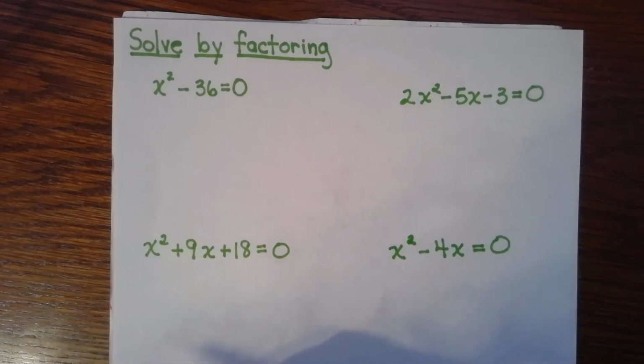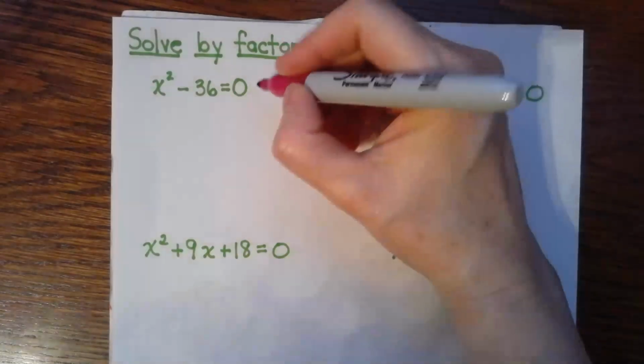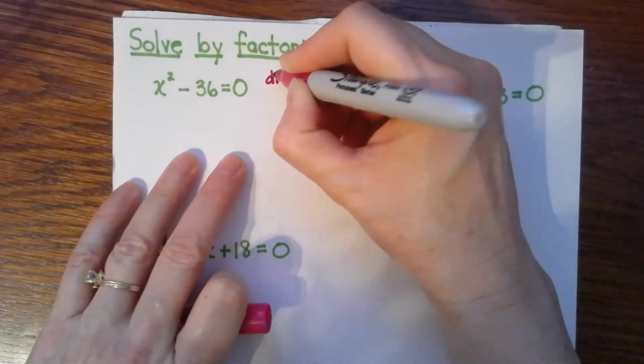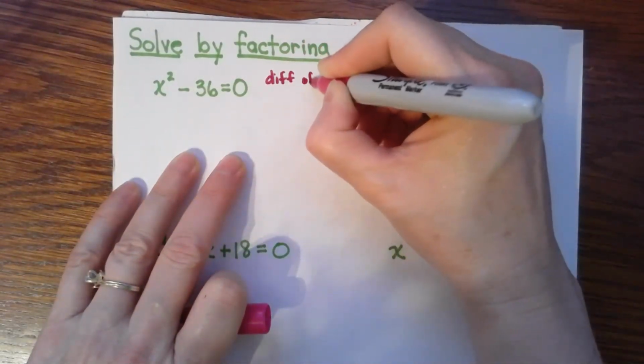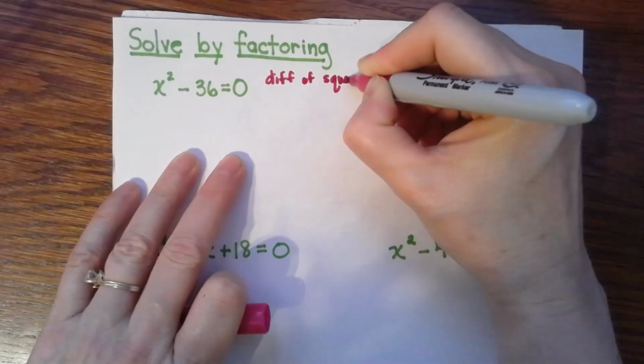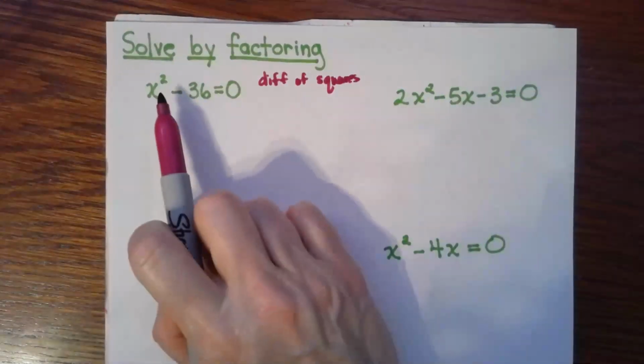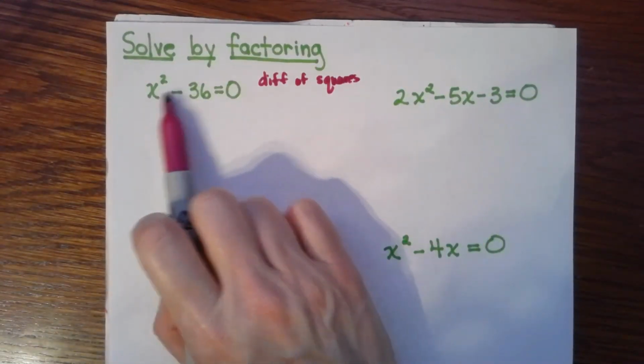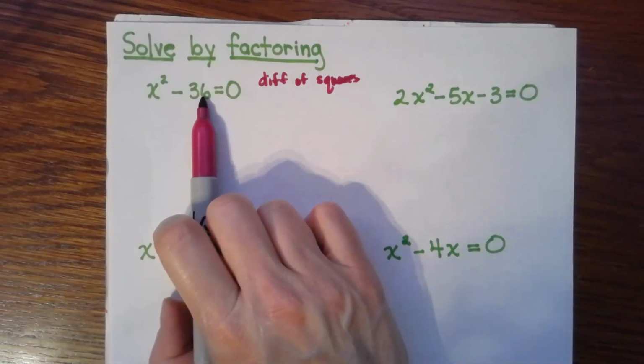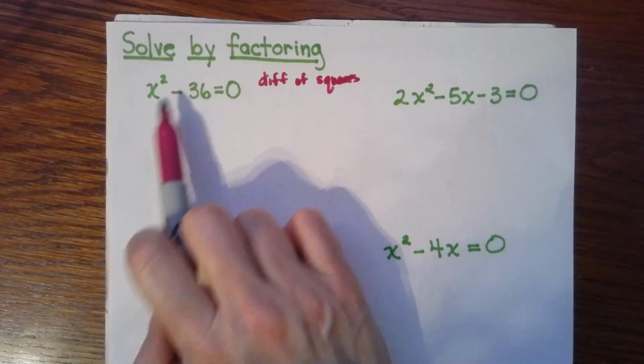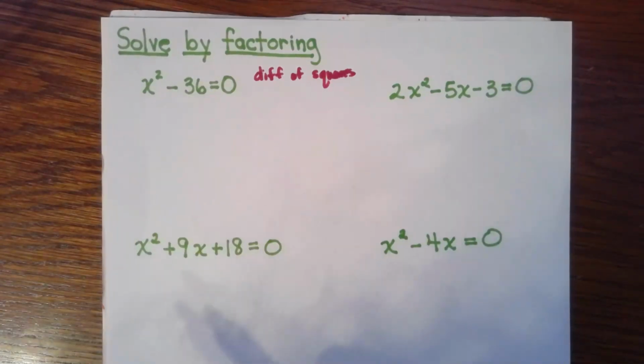Well, this is a special pattern that we should have seen when we were in Algebra 1 called a difference of squares. Okay, and what that means is we can see that this is a perfect square, x squared, and 36 is also a perfect square, it's 6 squared. So we have a difference, a subtraction, of two perfect squares.